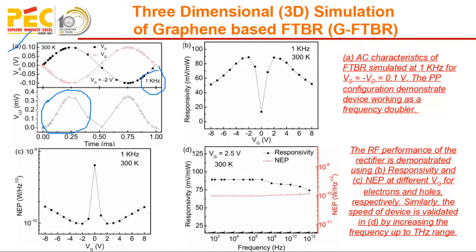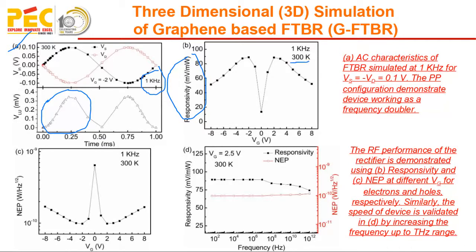So next is the responsivity characteristic of the device. Back gate voltage affects the device characteristic in a huge manner. The responsivity and the noise equivalent power are very important factors which we need to consider in the case of nano devices. This responsivity response has been measured at room temperature.